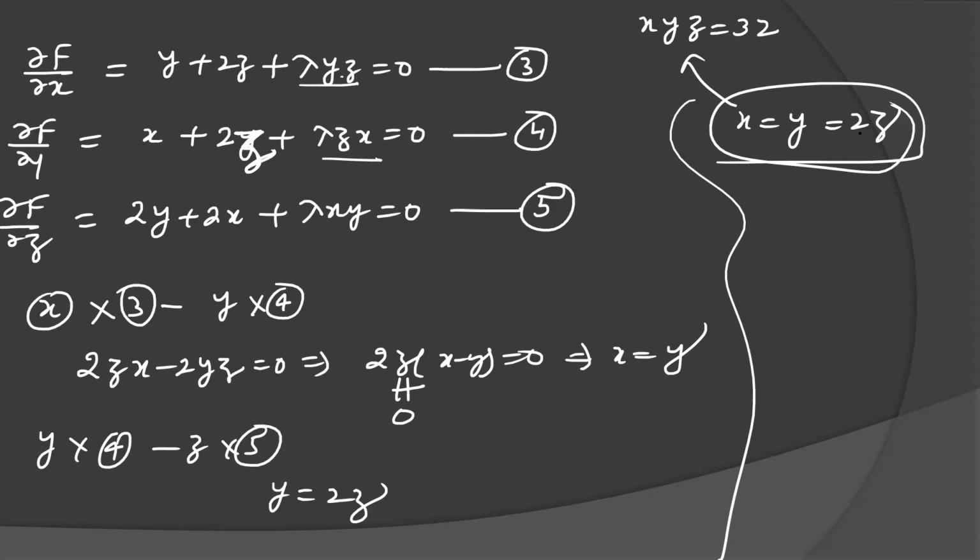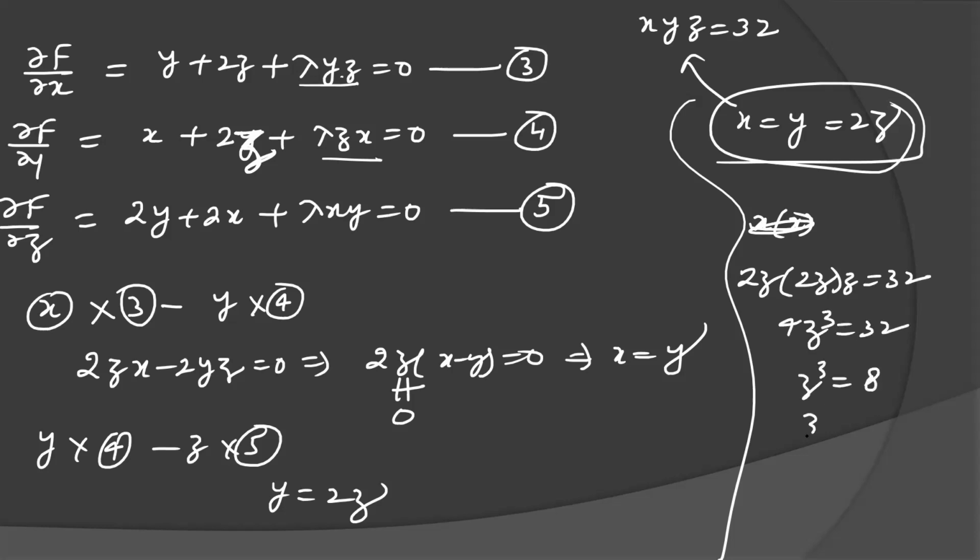Put x equal to 2z, y equal to 2z, and z equal to z: 4z cube equal to 32. So z cube equal to 8. So z will be 2 feet. So x will be 4 feet and y will be 4 feet. So these will be the dimensions for least material.